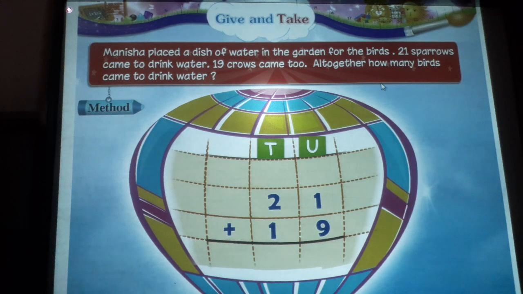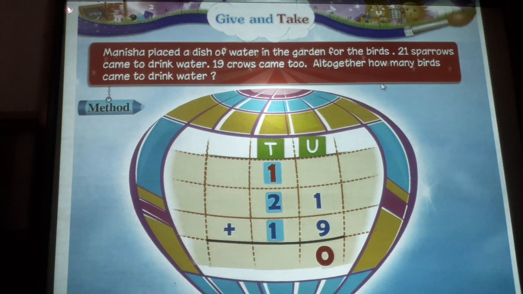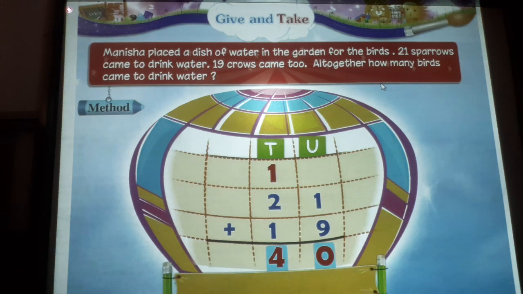So, we write 0 in the units place and carry over 1 ten to the tens place. Now, we add the tens. 1 ten plus 2 tens plus 1 ten. That makes 4 tens. 4 tens and 0 units means 40. So, altogether 40 birds came to drink water.